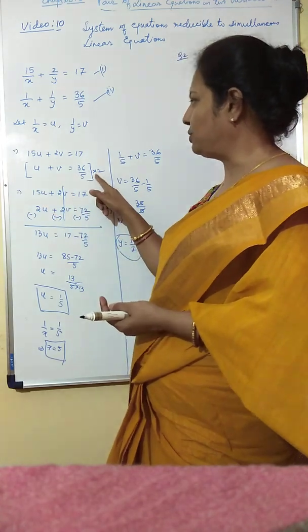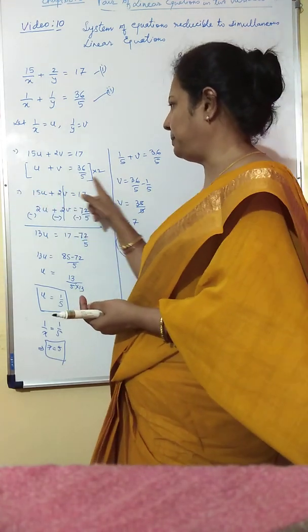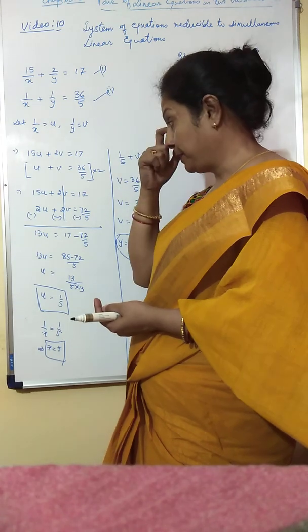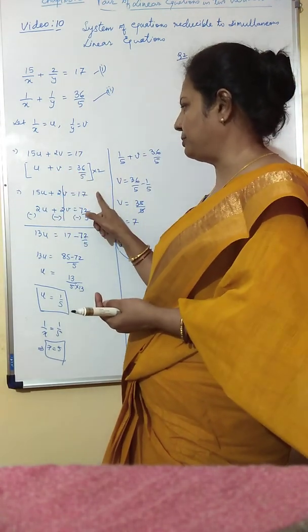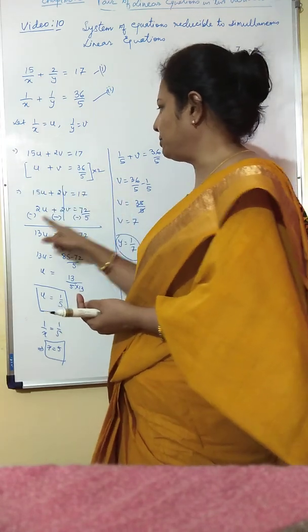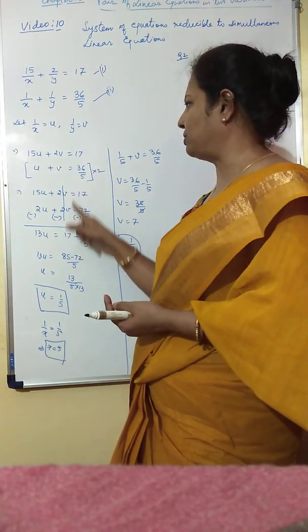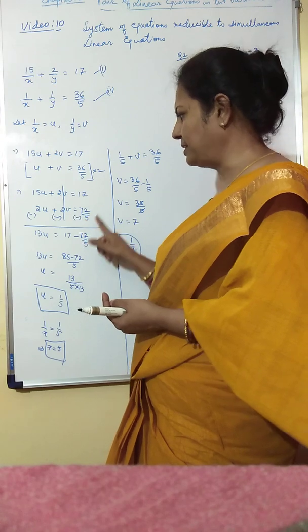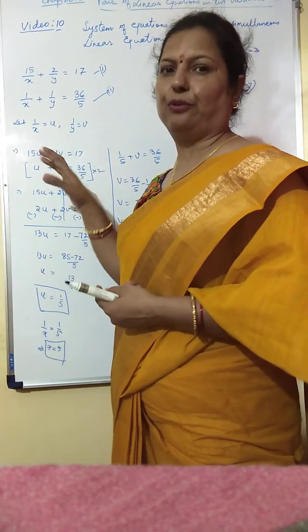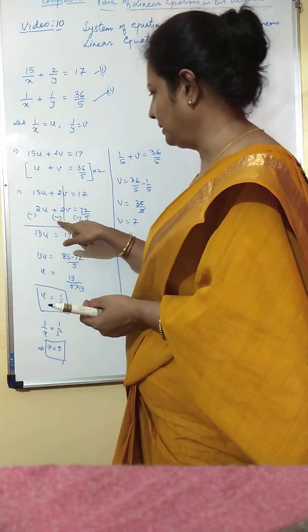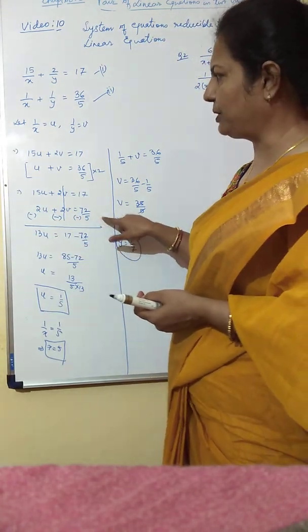So here this 2 represents that I am multiplying equation 2 by 2. So what is the result that I get? 15u plus 2v equal to 17, and then 2 into u is 2u, 2 into v is 2v, 36 by 5 into 2 is 72 by 5. Now, as I told you, when the sign is the same we always have to subtract, so I subtracted the two equations.